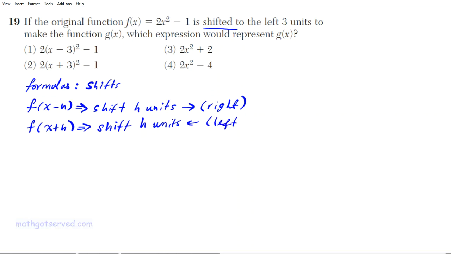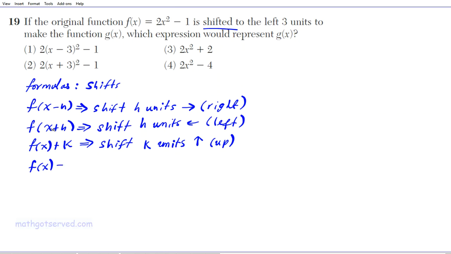It's backwards. How about if you have a function plus k? This one is either up or down. What do you think it is? This one is actually k units up. So the k's make sense. Whatever you're adding or subtracting to the function just shifts it up or down depending on the sign.